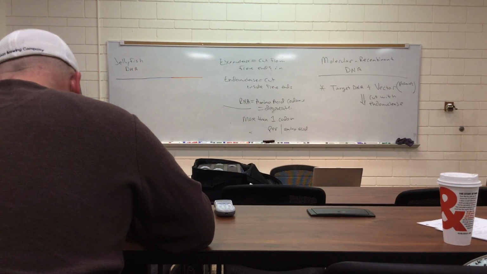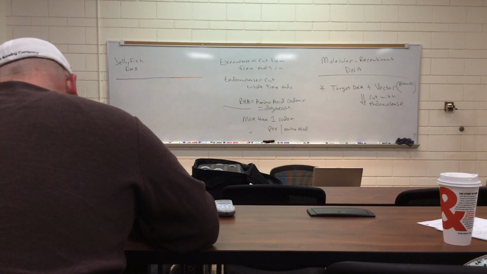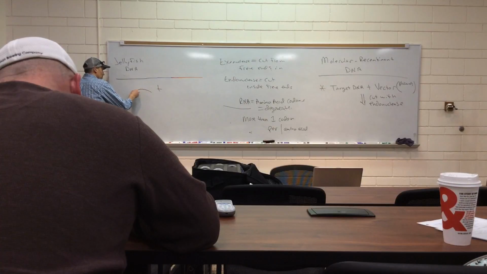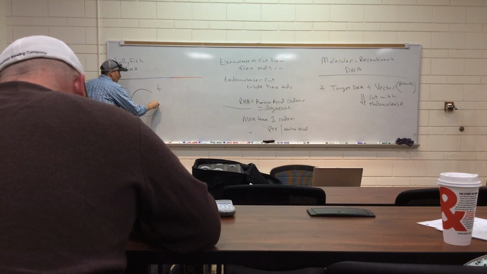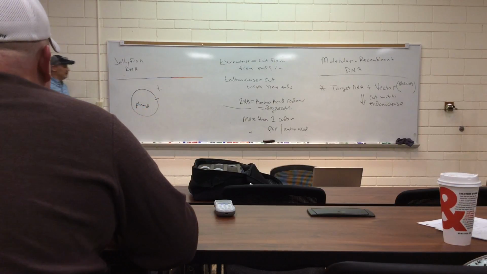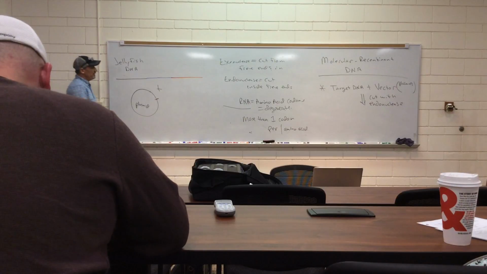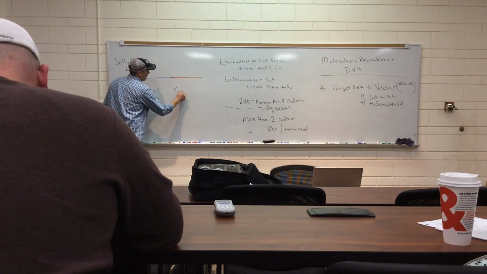So here we have our jellyfish DNA. We add that with this vector, which is a circular plasmid, and it's just this small piece of circular DNA we find inside bacteria. And we cut these both with an endonuclease.